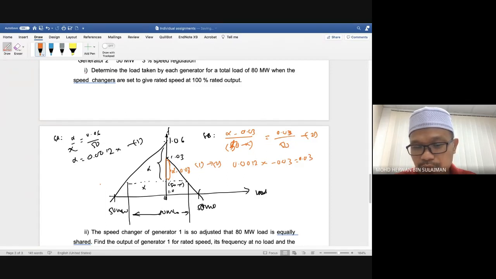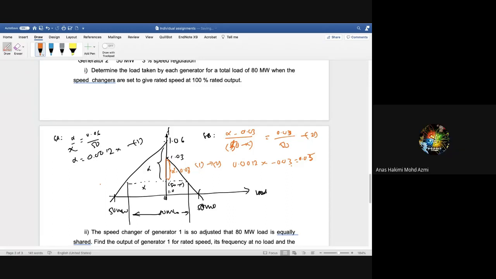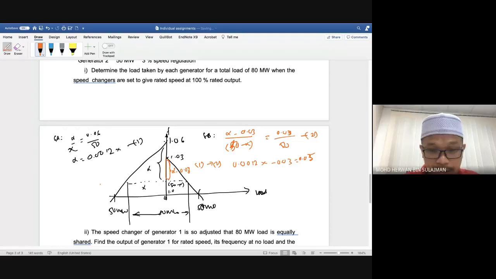Okay, so 0.03 x minus 0.03. Sir, kenapa kita ambil 50 tolak X? Kenapa kita tak ambil 80 tolak X? Silap, 80, thank you. Your load is 80. Silap. Ni 80 tolak X.